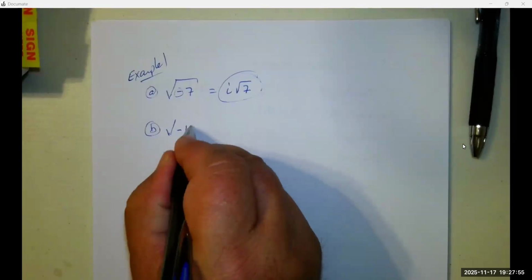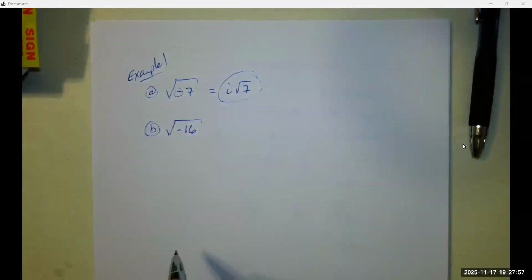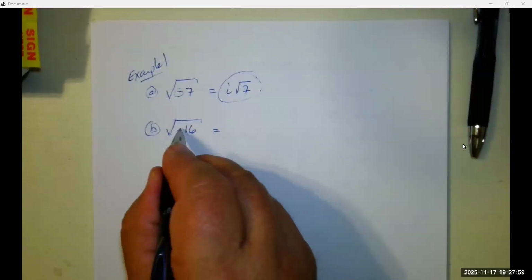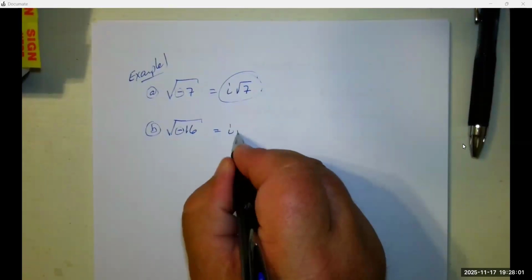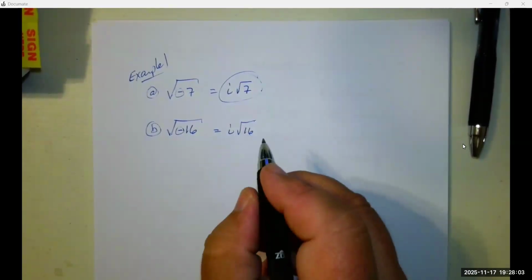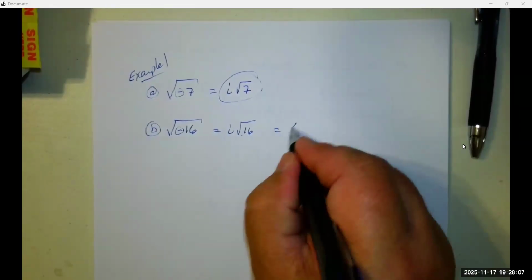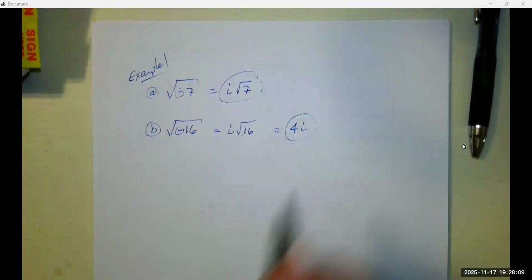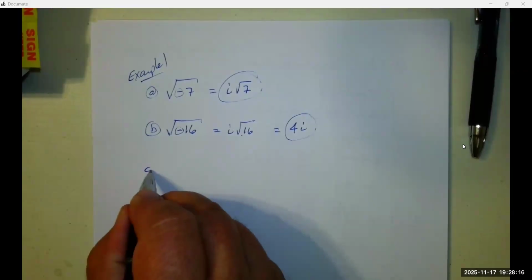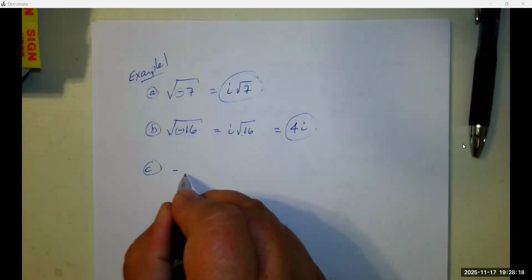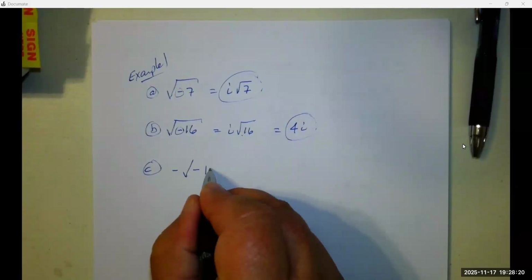Square root of negative 16. The negative gives me an i out in front, so square root of 16. Square root of 16 is 4, so the answer is 4i. How about negative the square root of negative 13?